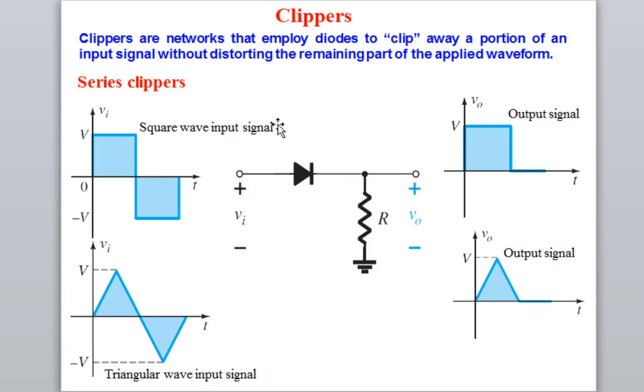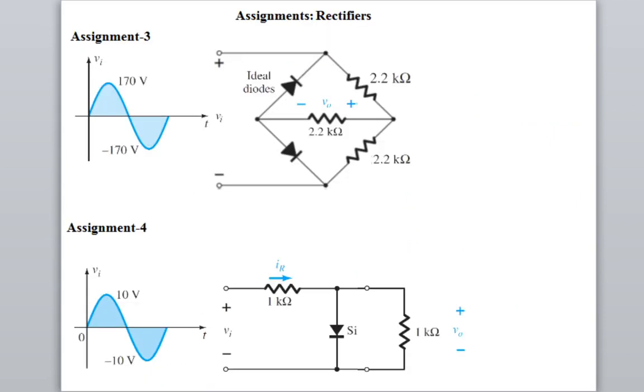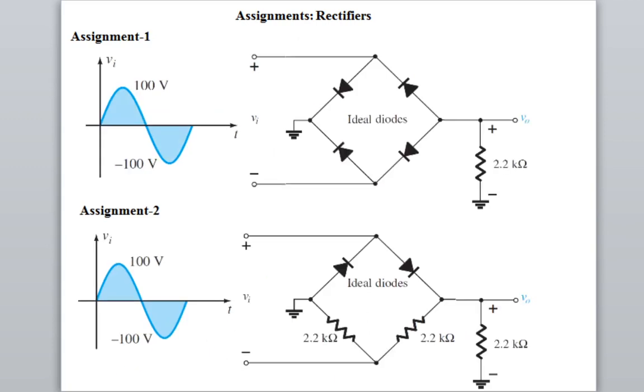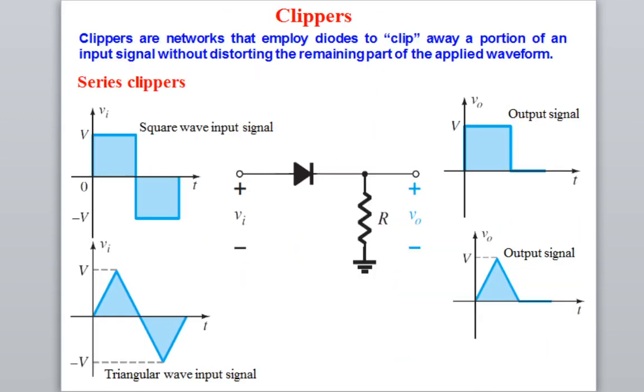So the half wave rectifier circuit is similar to the clipper circuit. Here you are given any input signal. This signal may be a square wave, a triangular wave, or a sinusoidal wave, as we learned in the rectifier circuit.